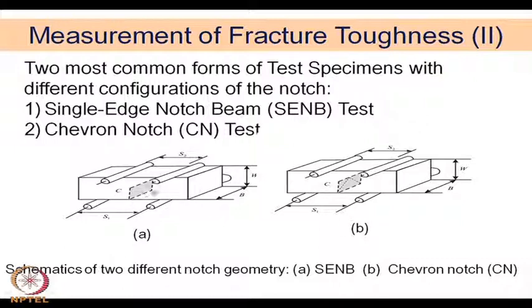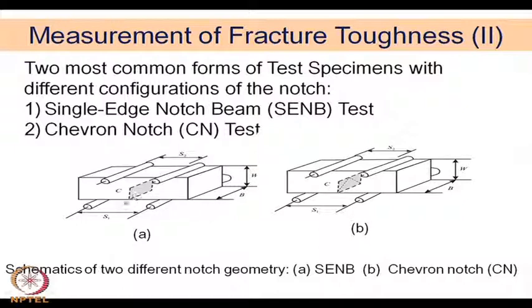One is a simple notch which has been created at the bottom surface of the beam, and then there is a 4-point bend test. These distances are S1 and S2 here, not in terms of L which we have used earlier, and this is B, the breadth, and this is the height. Okay.